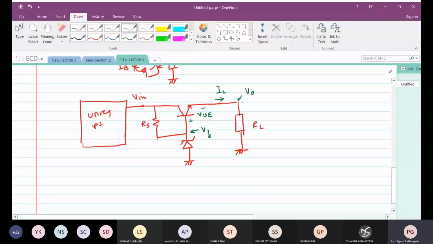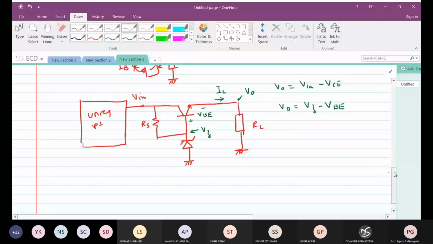So now what will be the equation for output voltage here? Of course, Vout is equal to Vin minus VCE. That is fine. But from this perspective, Vout is going to be equal to VZ minus VBE. How will this work as a regulator?